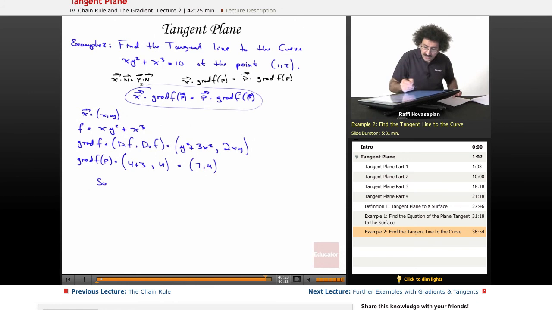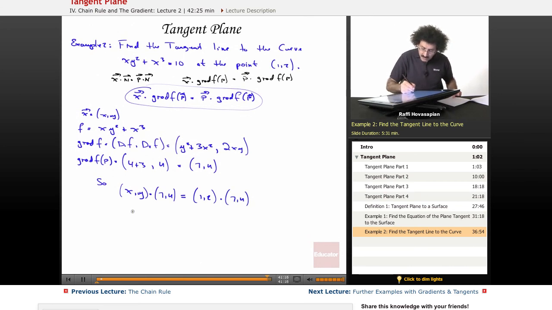So when we put it back into that, now that we actually have some vectors to work with, x is (x, y). The gradient of f at p is (7, 4). P itself is (1, 2). And the gradient of f at p is (7, 4).